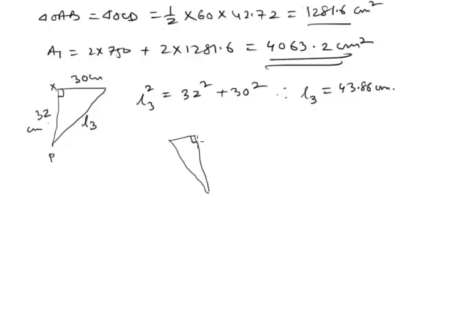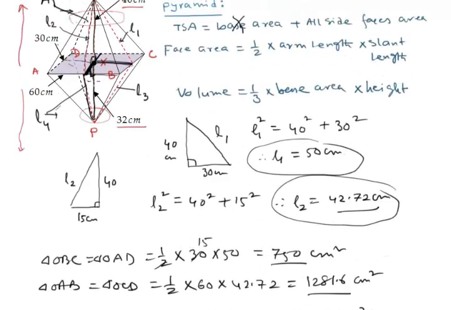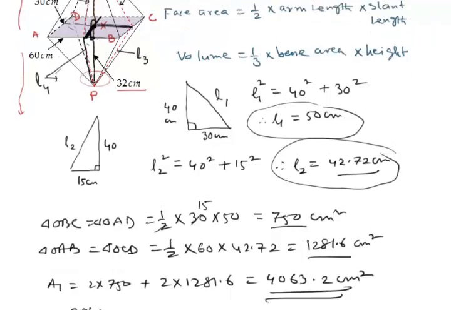this is the right angle, this is the height 32, and this is 15, so we need to find this L4. Here this is the height 32, this arm is half of 30, so this is 15, this is 32, and this angle is the 90-degree right angle, so we need to find this hypotenuse L4, which is the slant length.